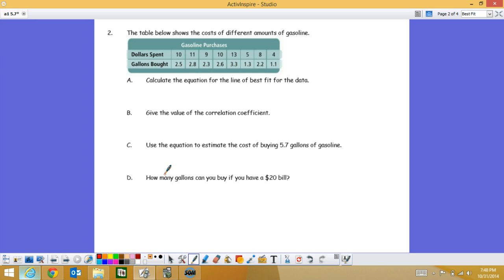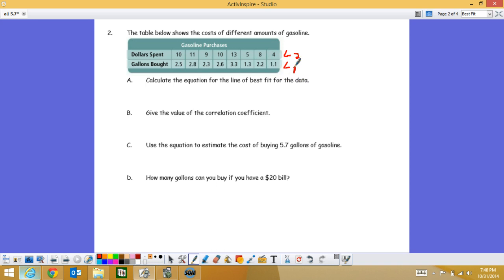I think the dollars spent should depend upon how many gallons we buy. So dollars spent is the dependent value, which goes into list 2, and that makes the gallons bought the independent value, and that will go into list 1.